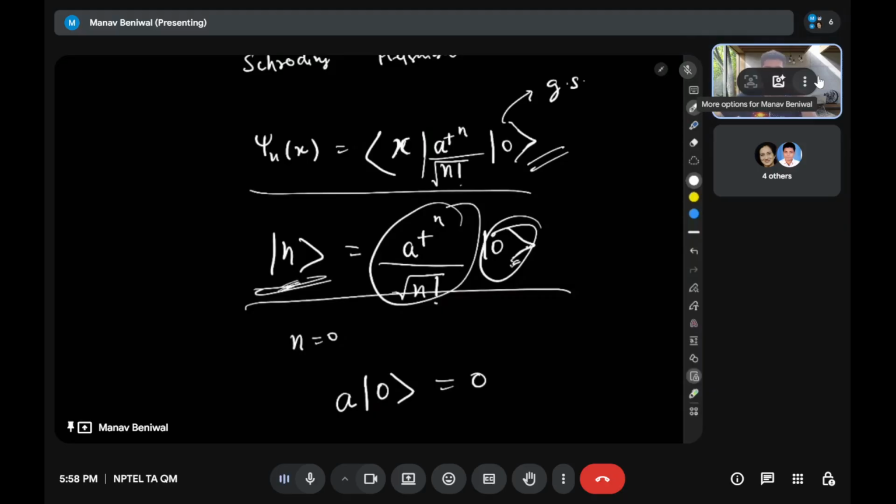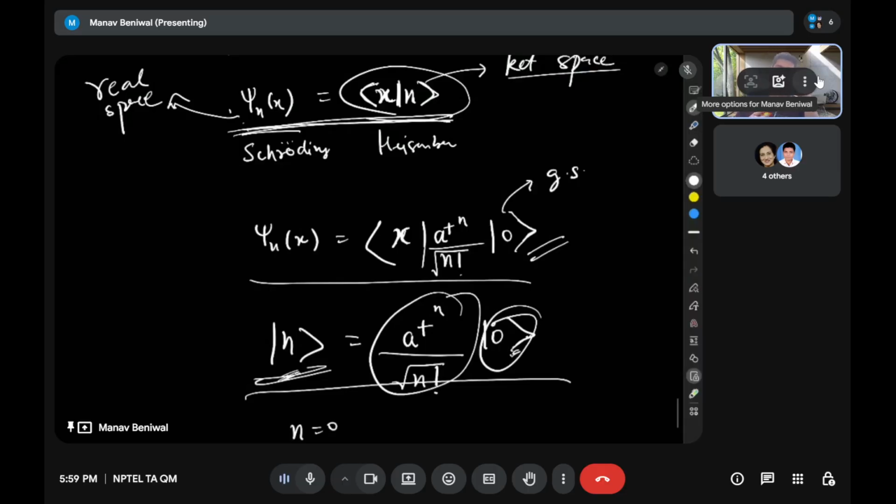Using the raising and lowering operators makes our job much easier, because we can just operate on the ground state and we will get the higher order wave functions. That is why we use them. By using them we bypass all the mathematical nonsense that we would otherwise have to tackle. They just make our life easy. But using this, you cannot find the ground state wave function. You can do that by using this equation, but that is essentially the same as solving the Schrodinger equation for the ground state.